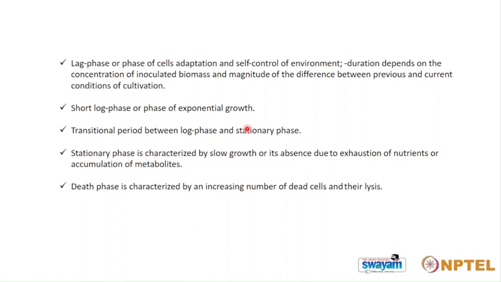That's why it is called the stationary phase. Due to the accumulation of metabolites at the stationary phase, there will be a transition from the stationary phase to the death phase. This leads to an increase in the number of dead cells, and this is also the phase where cell lysis happens.